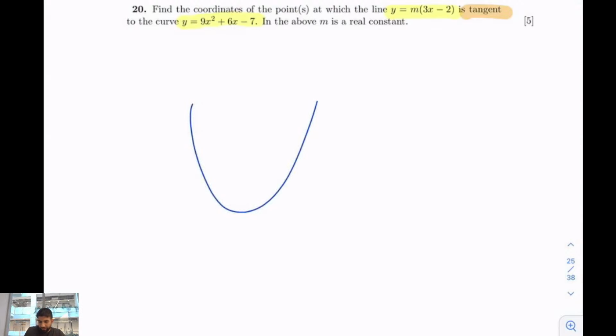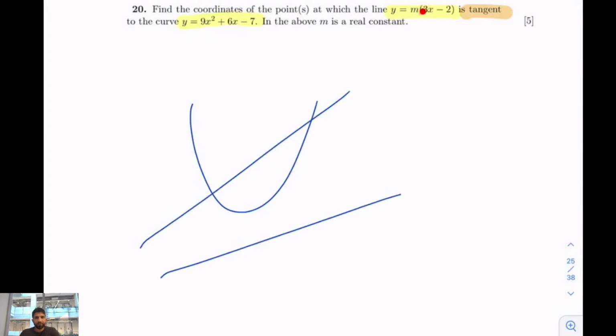We have an unknown in there, we have an m, so we can't really plot the line exactly, whereas even though we know the parabola, the line can be here, the line can be there. M, as you can see, is going to change the gradient of it, and it's going to change the intercept, so we don't really know what this line is. It could be any of these things.